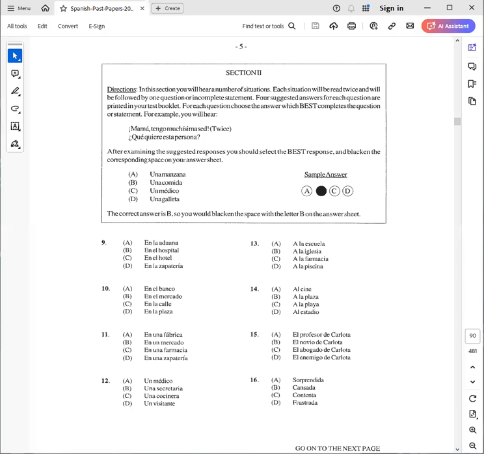Pablo besó a Carlota y le puso un anillo en el dedo. ¿Quién es Pablo? Number 16. ¡Qué día tan maravilloso! ¡Qué alegría! ¡Qué día tan maravilloso! ¡Qué alegría! ¿Cómo se siente esta persona?